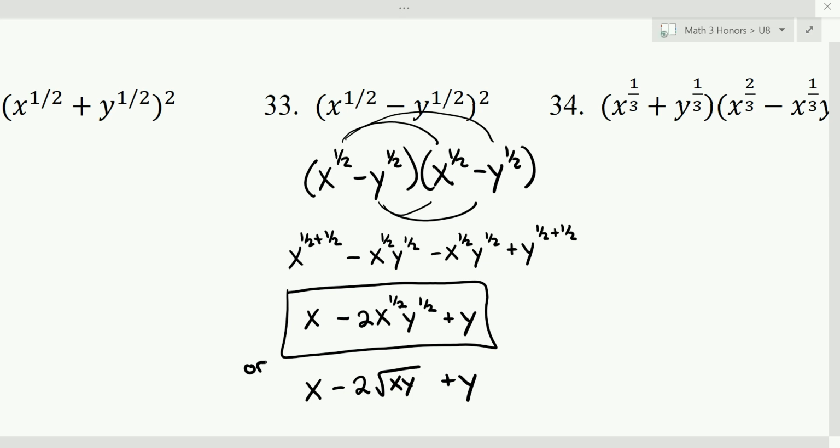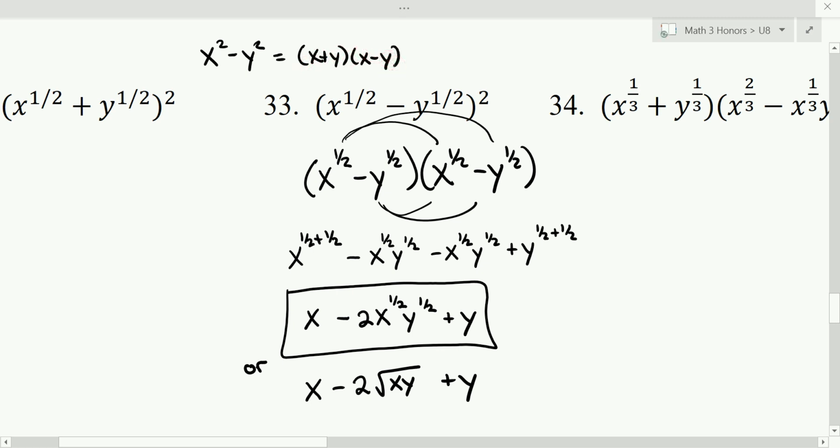Because when you're squaring something, that means you're taking the exact replica of itself. So they're not conjugates. I think you may be thinking of something like this. If I had x squared minus y squared, and I factored that, that would be x plus y times x minus y.